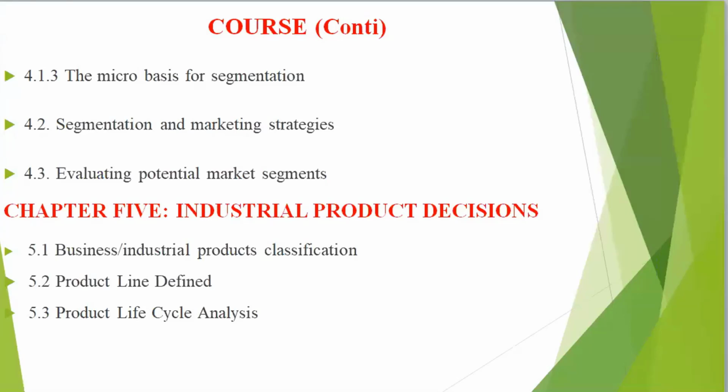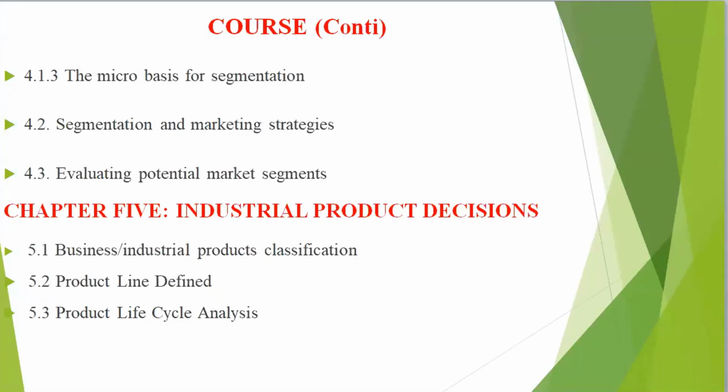So chapter 5, industrial products. Products can be classified based on their purpose into 2 major types: consumer products and industrial products. Consumer products are classified further as necessity goods, luxury products, inferior products, and so on.